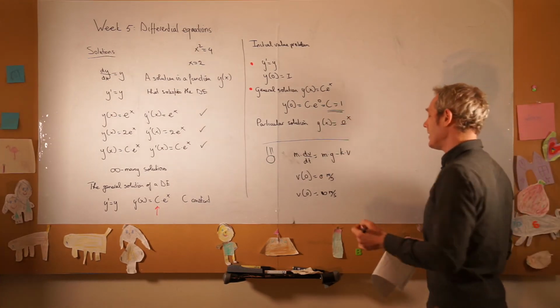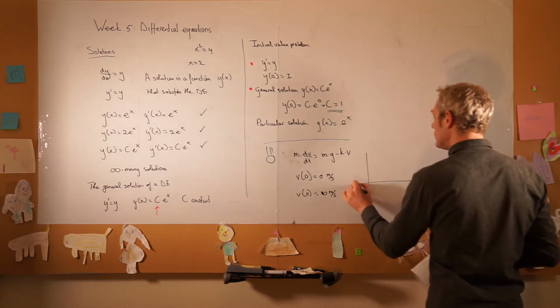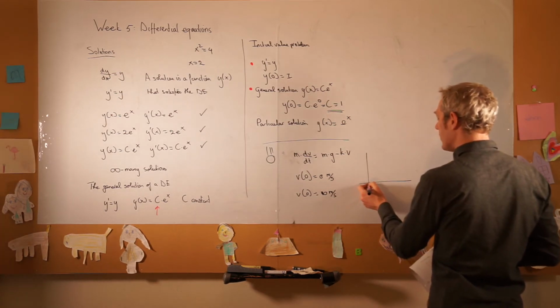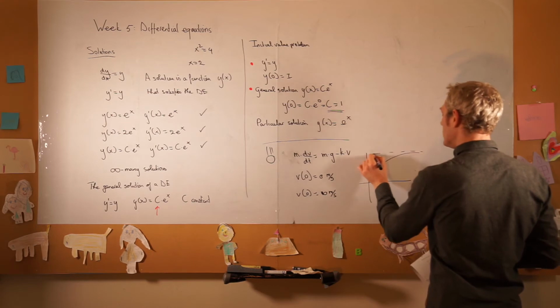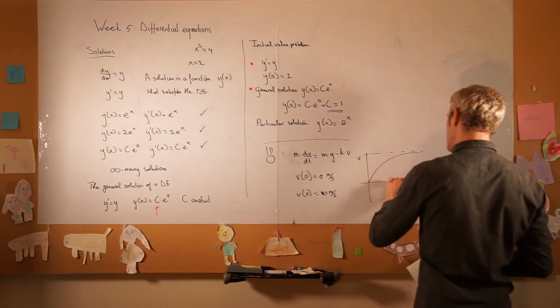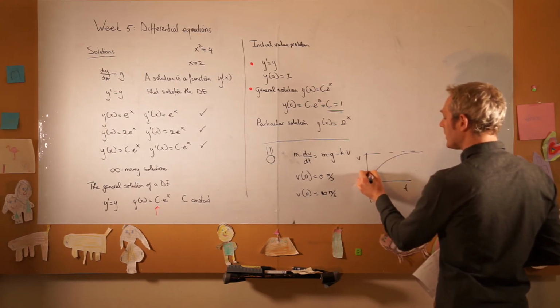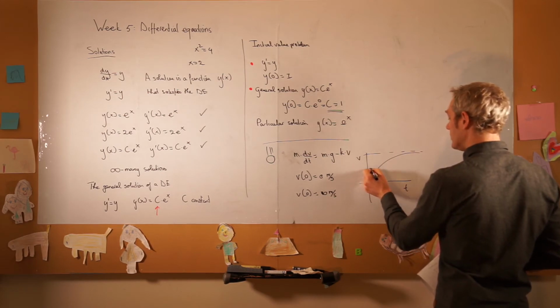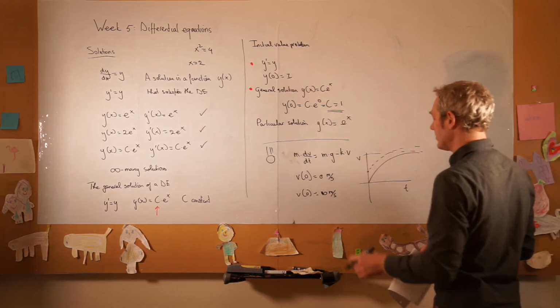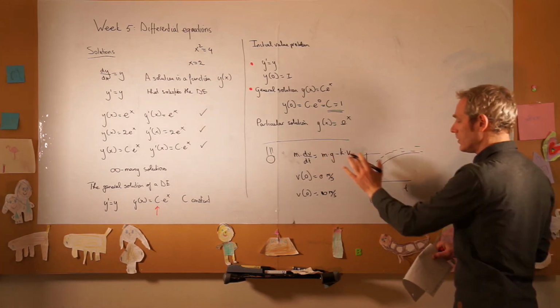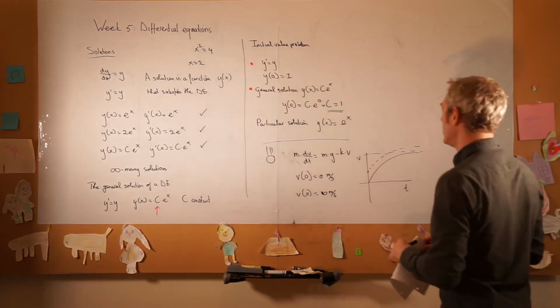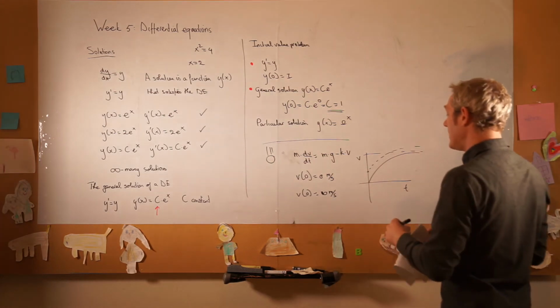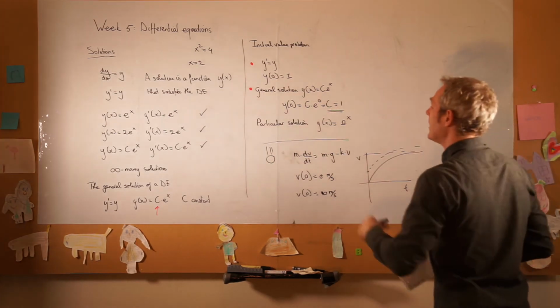So instead of having a solution where from 0 it slowly ramps up to some stable condition, it could start at a different value and have a different final solution. Something like this. This is not necessarily the solution to this, but you see that there are different solutions depending on the initial value.